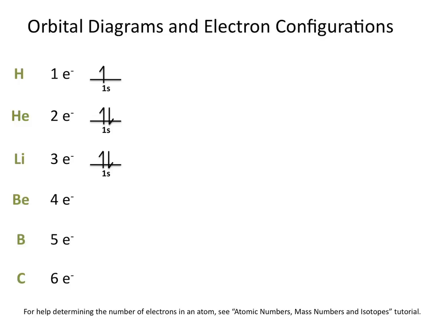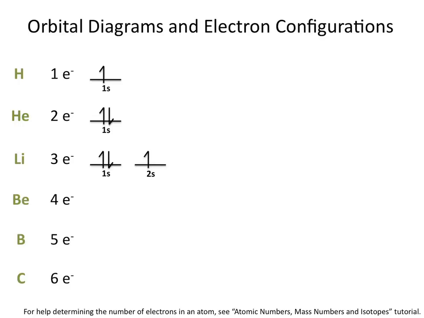If you go back to the previous slide, you'll notice that the value for the subshell, or L, the shape of the subshell, has a value from 0 to n-1. And so the energy level 1 can only hold the S subshell. Now that that subshell is filled, we need to go up an energy level to the 2s subshell. We have one more electron for lithium, so we place that in the 2s subshell.